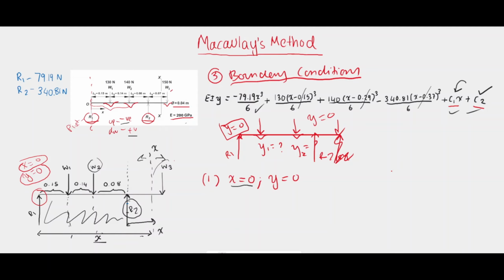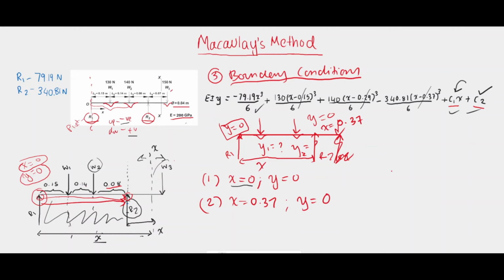So the position of R2 from the position of 0 is x equal to 0.15 plus 0.14 plus 0.08, so x is equal to 0.37. So the next boundary condition we know is that when x is equal to 0.37, that's where R2 is, the deflection is 0. So y is equal to 0.